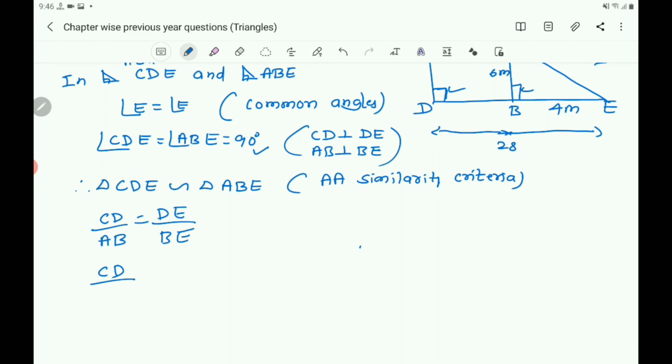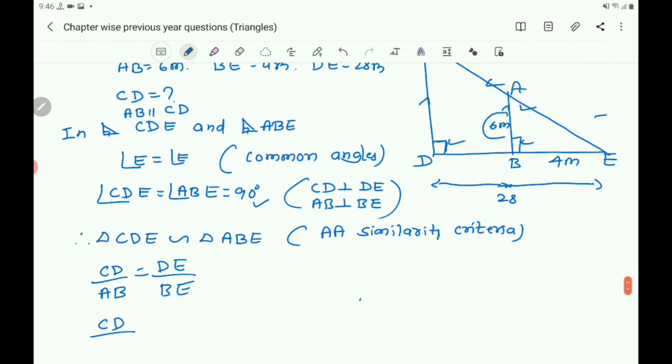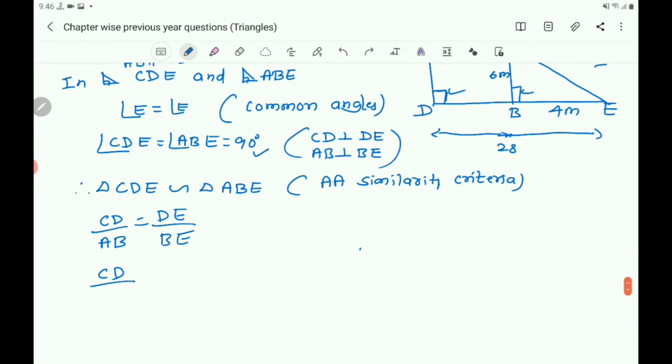Then AB is given, that is 6 meter. DE is given, here from D to E, that is 28 meter, and also BE is given, that is 4 meter.